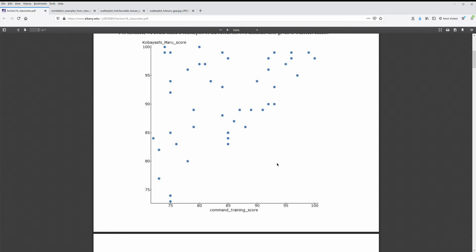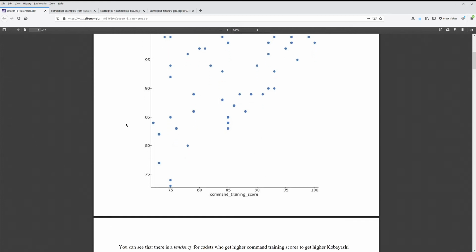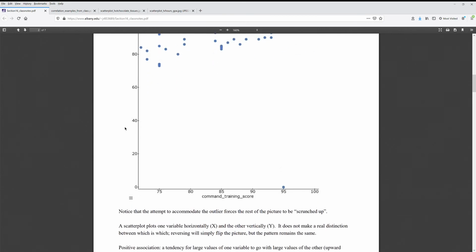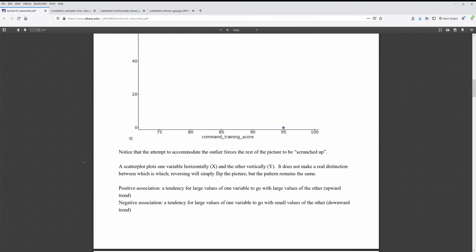The trend remains the same, you're just displaying it differently. So which variable is displayed horizontally and which variable is displayed vertically is a very cosmetic thing. It only affects how you're viewing the picture, but it doesn't really affect anything important.